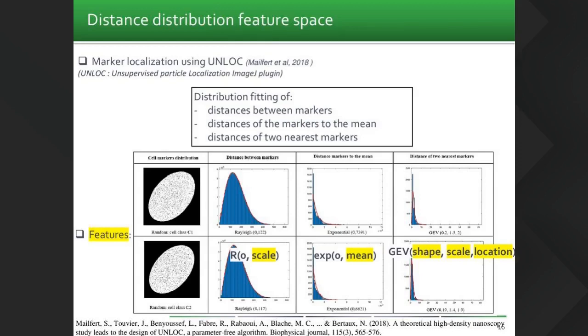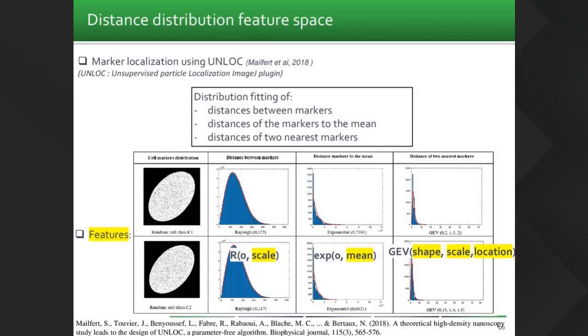We localize the fluorescent markers inside the image at different resolutions, and then we calculate three kinds of distances to do the distance distribution analysis. The first distance is the distance between the markers. The other one is the distance of the markers to the mean, and the third one is the distance to the two nearest markers.